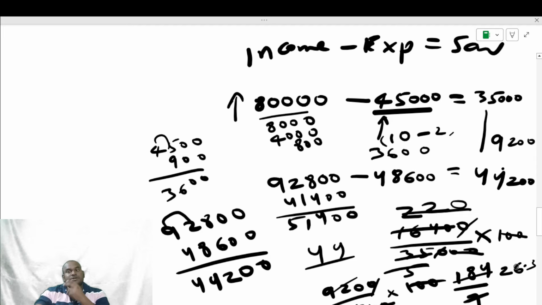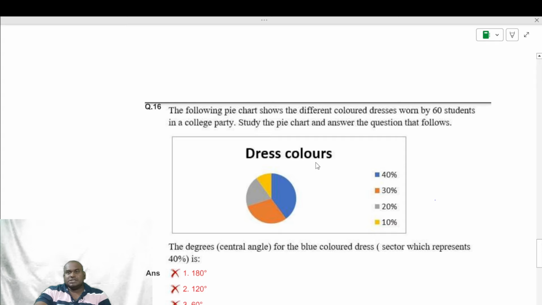The following pie chart shows the different colored dresses worn by 60 students in a college party. Study the pie chart and answer the question that follows. 40% blue, 30% red. For the blue color dress sector, which represents 40%, we need to find the angle because the answers are in degrees.